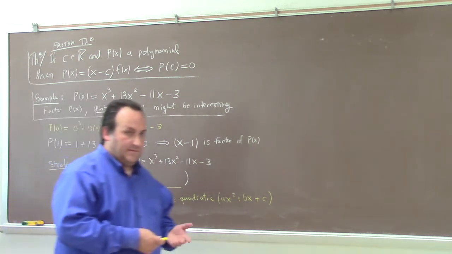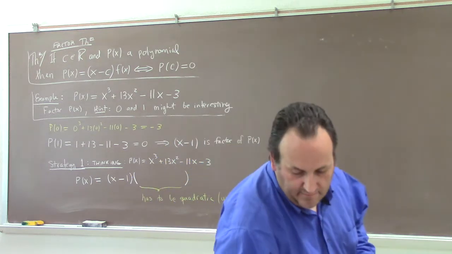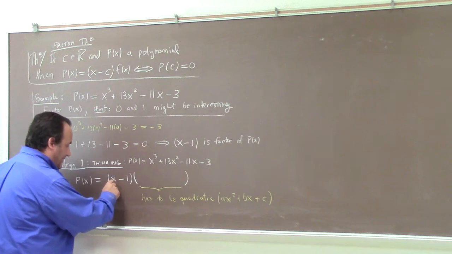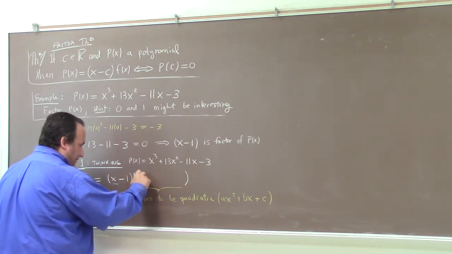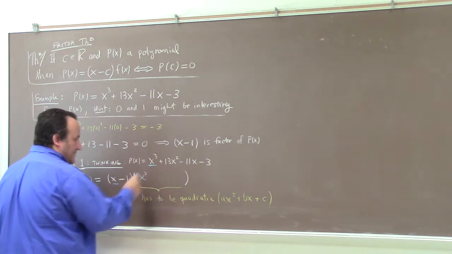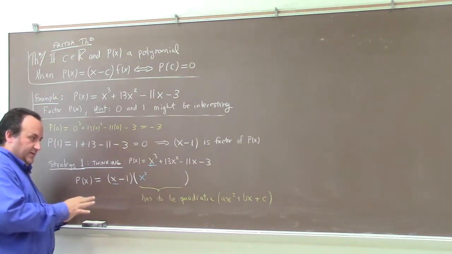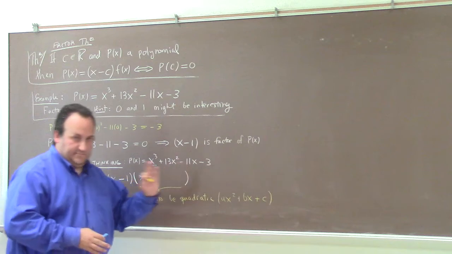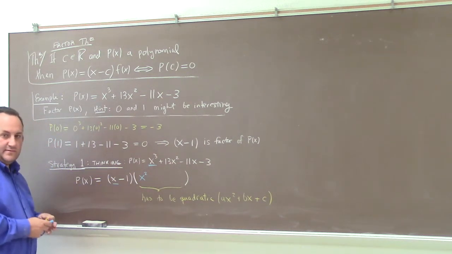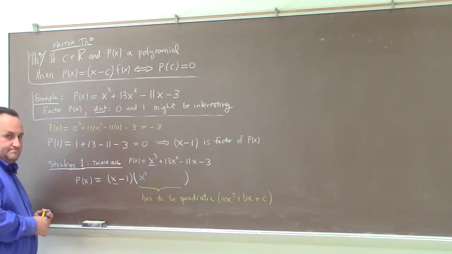So what do you have to put here, if this times x squared returns this x cubed? Clearly I can put a equals 1, because I have to multiply this back to get the x cubed.